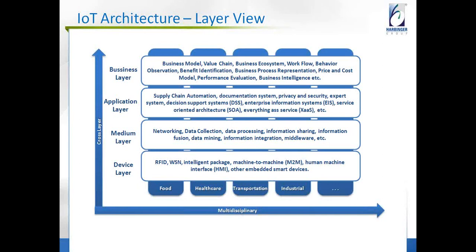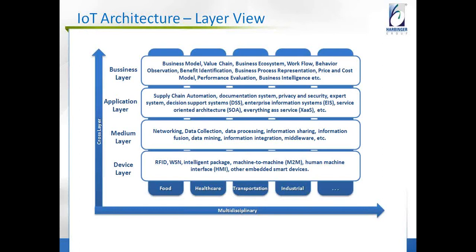So here I tried to put together a layered view of IoT architecture, and on the x-axis we can find applicable domains, and on the y-axis we can find different layers to be considered for the IoT application architecture. Now, to start from the bottom, the difference is easily notable, where from the previous chart we can see the device layer getting added into the architecture of IoT applications.